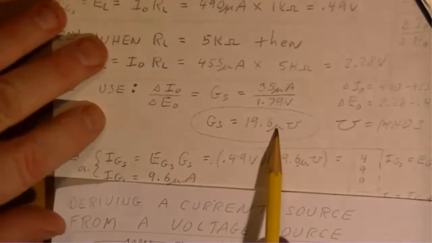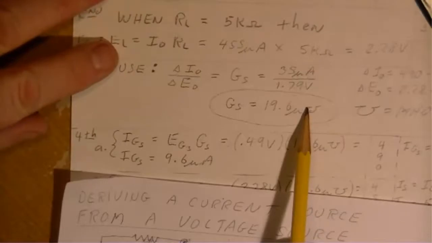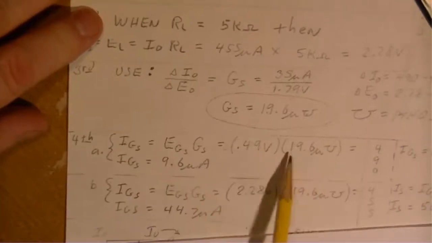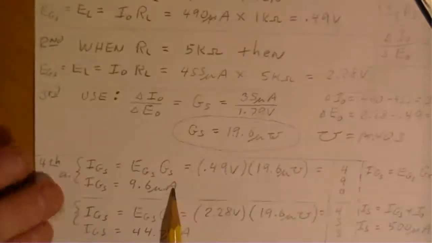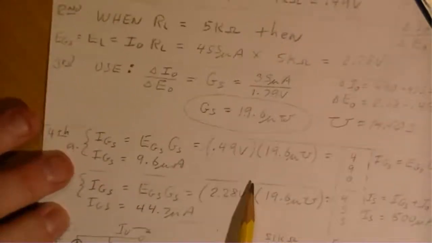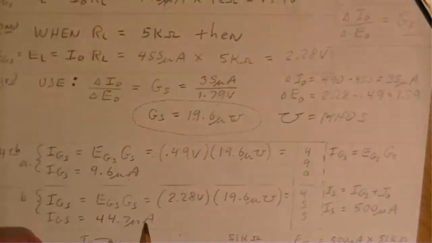Now that we found the conductance, which is right here, 19.6 micromhos, what do we do? You take that conductance and multiply it by the individual output voltages. In this case, you multiply it by 0.49 volts, because that was one of the values, and you get 9.6 microamps. The second value you multiply by 2.28 volts, and you get 44.7 microamps.